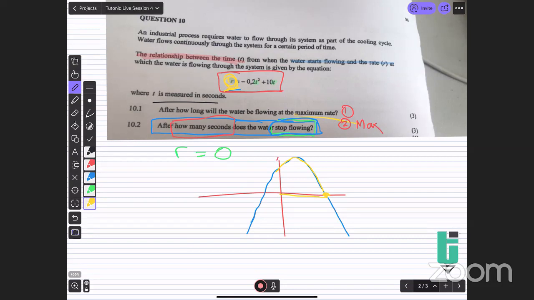So let's make y naught. So it becomes naught equals minus 0.2 t squared plus 10t. Factorize t.